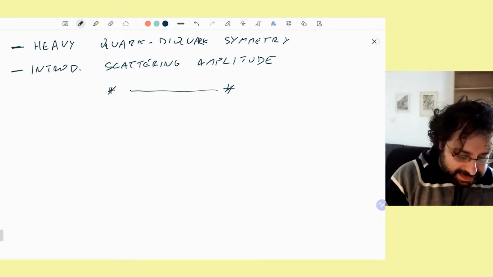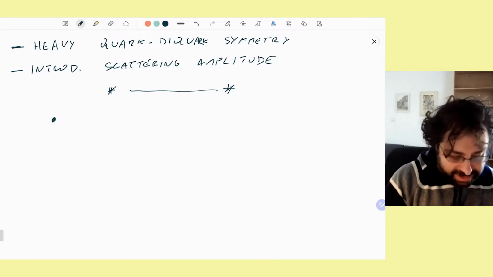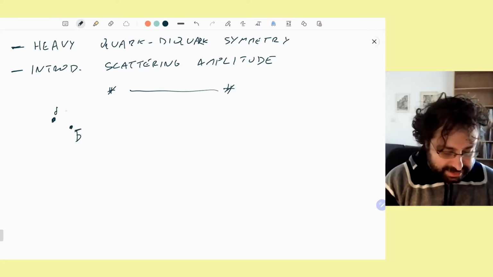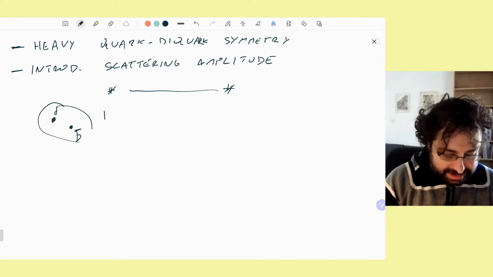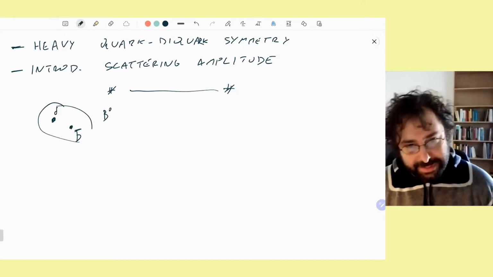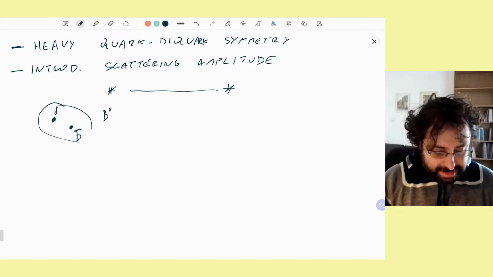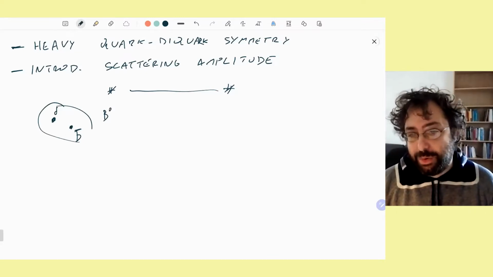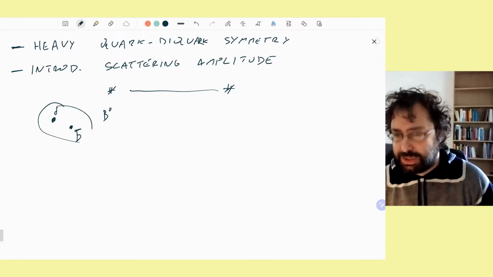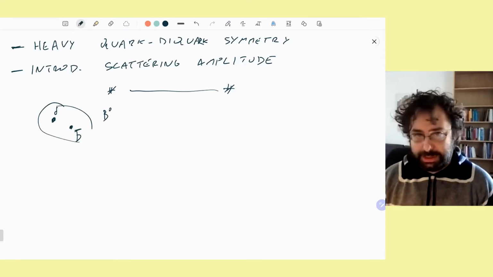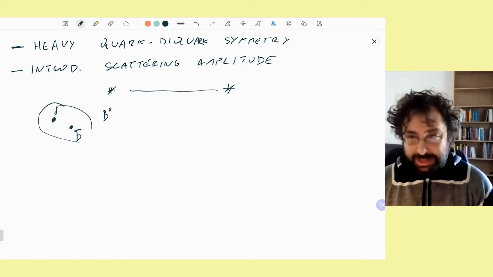So if we imagine a D meson, or even better a B meson, let's put a light quark here and a B bar here. This would be a B0 meson. The effect of the heavy quark is basically just to provide a color source, but it doesn't really interact with the rest.